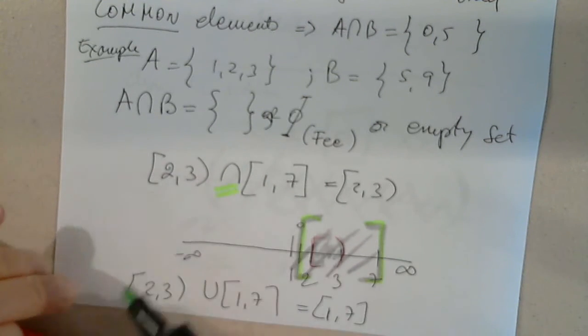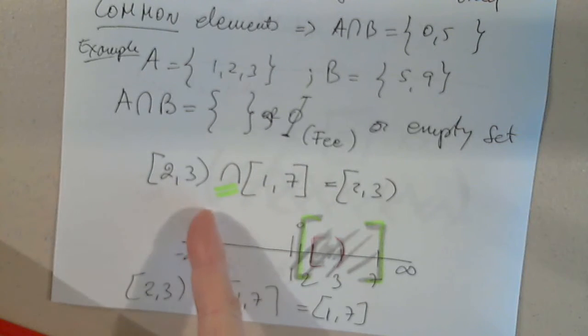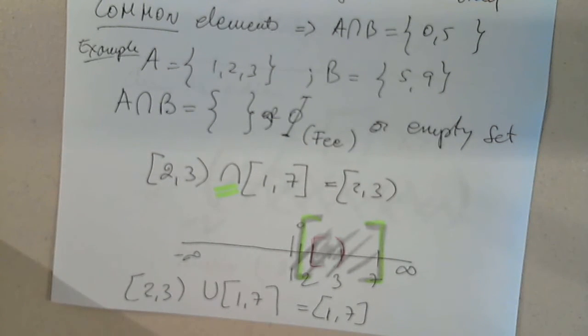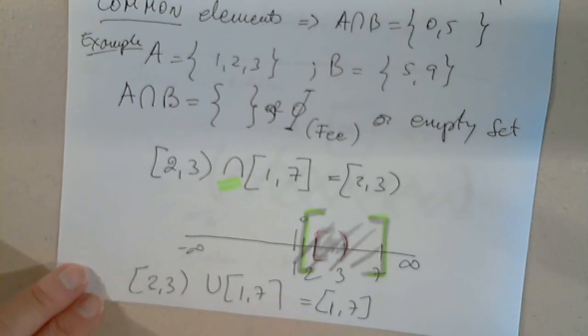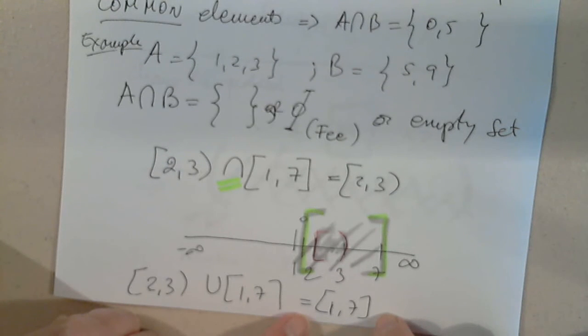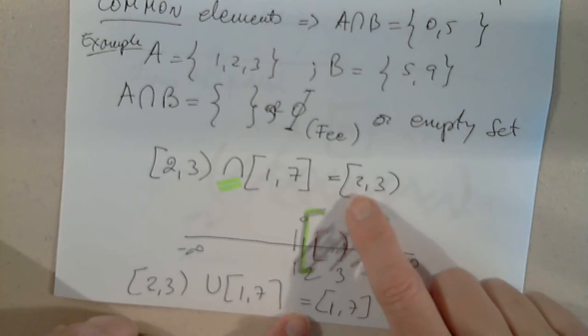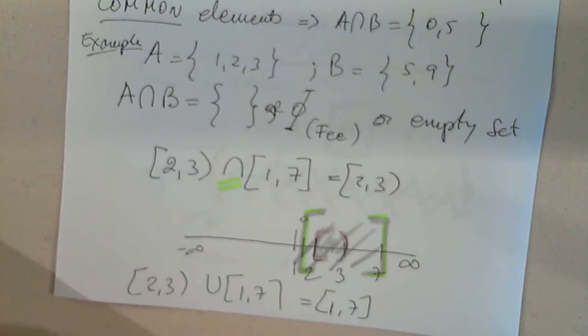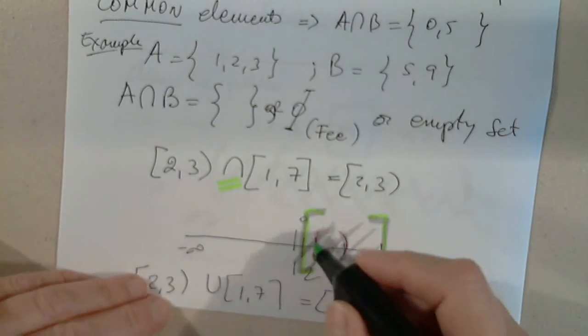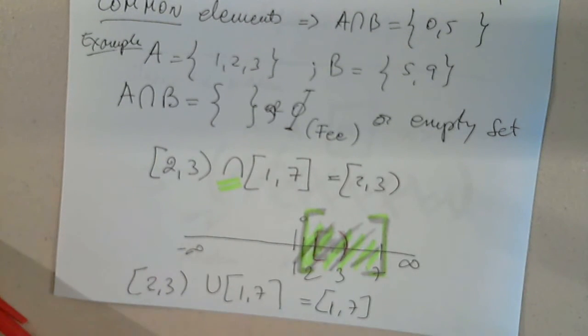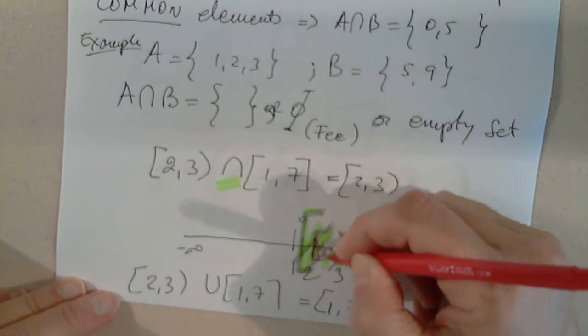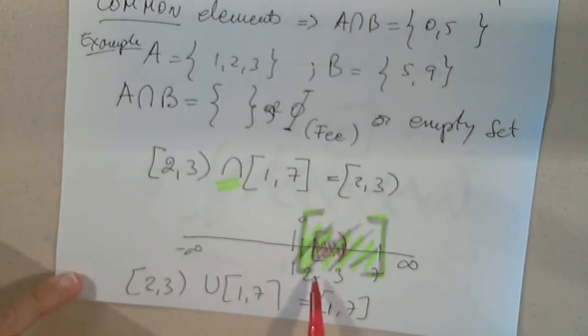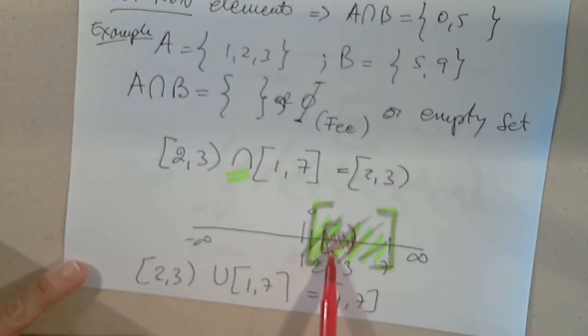And we're asked to perform the intersection. That's the symbol for the intersection. So therefore, when we intersect the two, the intersection is between 2 and 3. So the green set is intersected with the red set. Therefore, the red set is indeed the intersection.